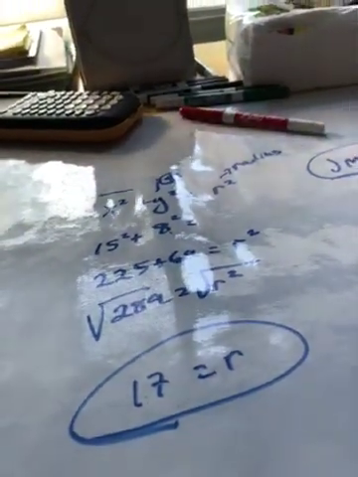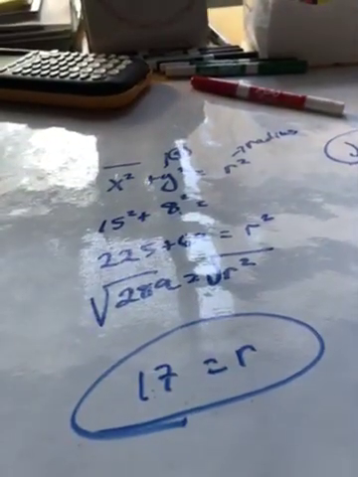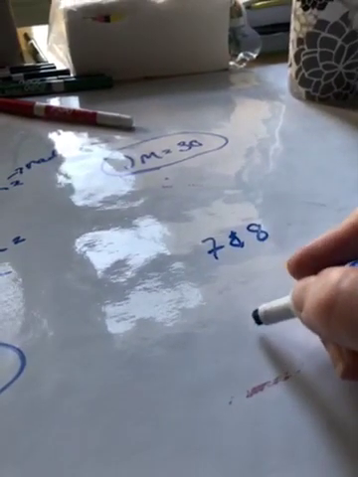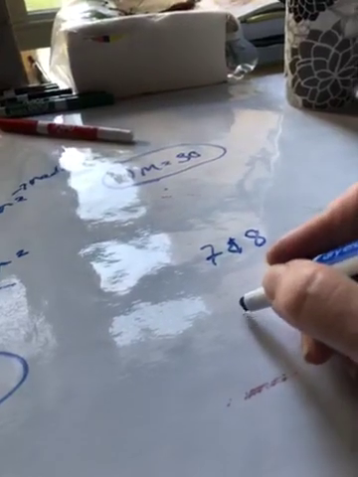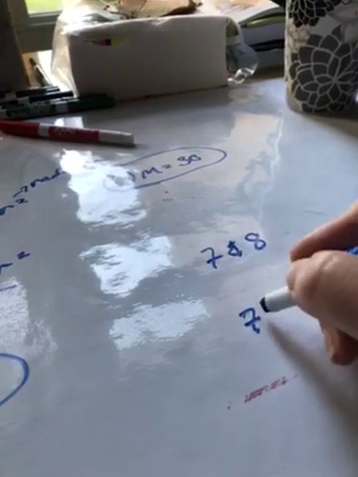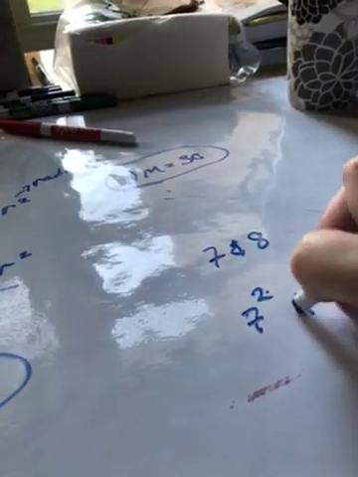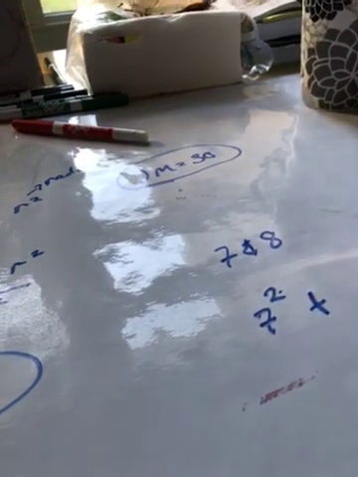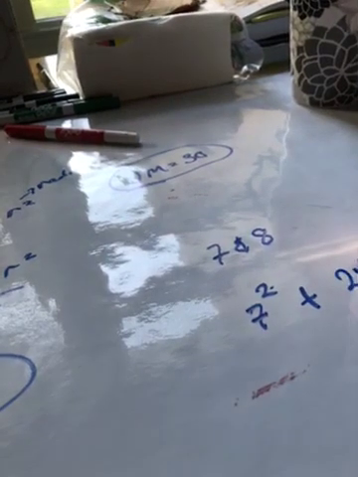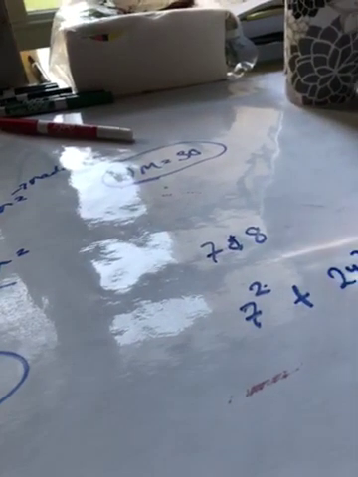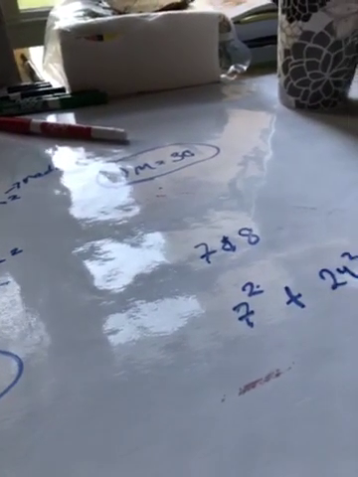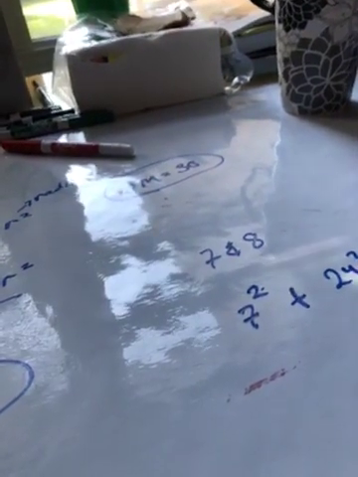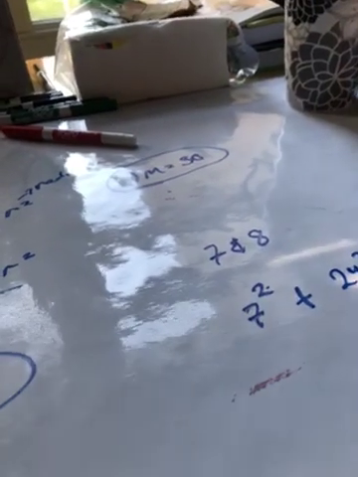So for 7 and 8, we know the distance is 7. So we're going to have 7 squared. I know that half the chord is 24. And then I'm going to get a radius. So distance from P to R, PR is the entire chord length.